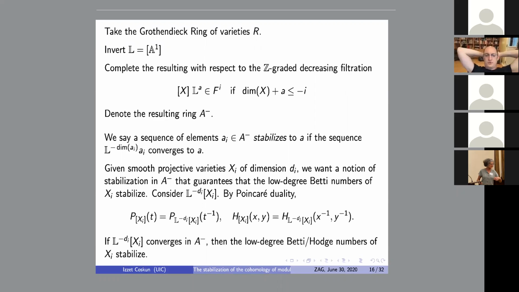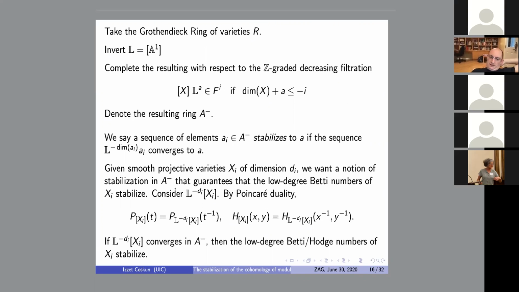Remember, what we want to understand are the Poincaré polynomials and maybe more generally the Hodge polynomials. If you are given a set of projective varieties X_i of dimension d_i, the reason you have this notion is that you want a notion that guarantees that the low degree Betti numbers stabilize.